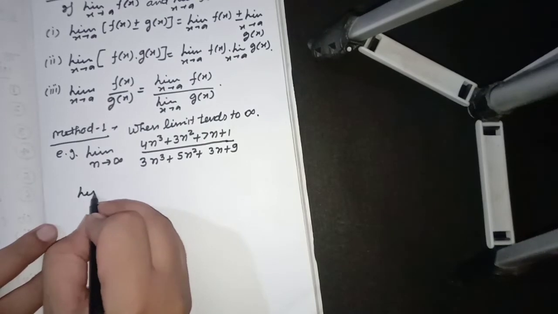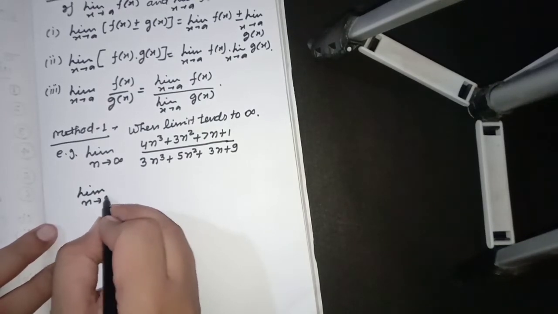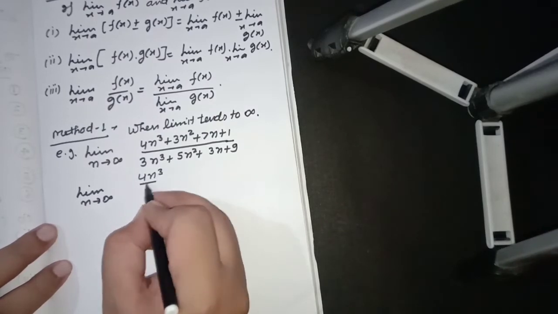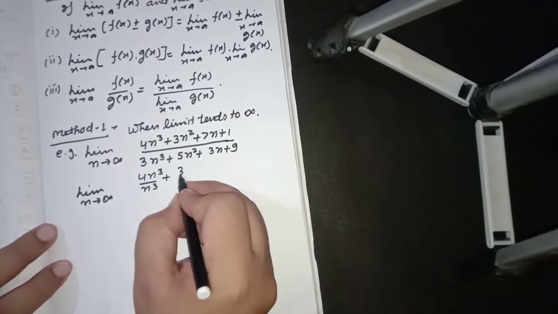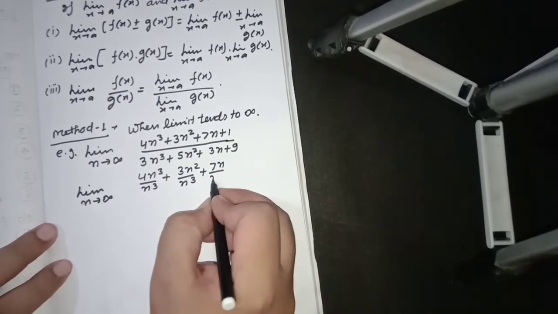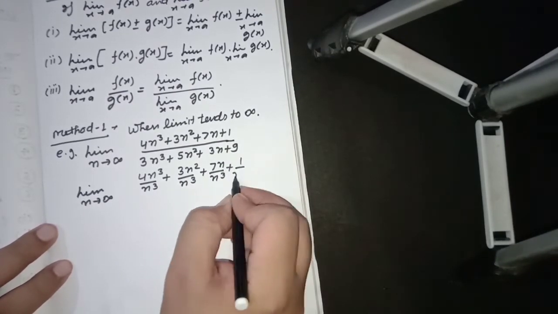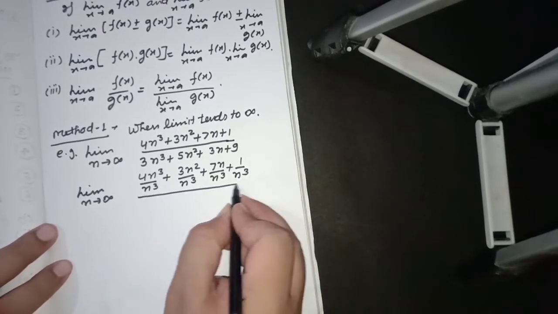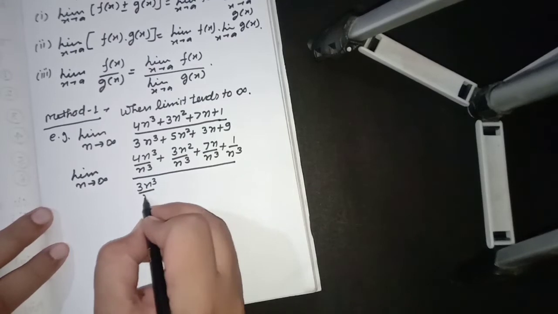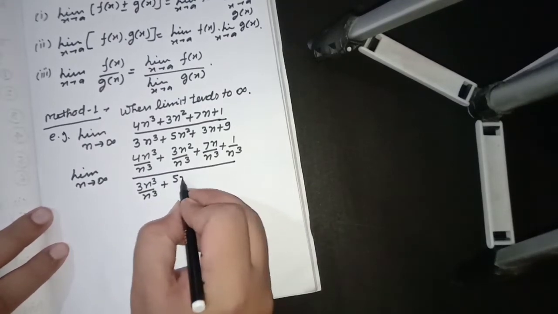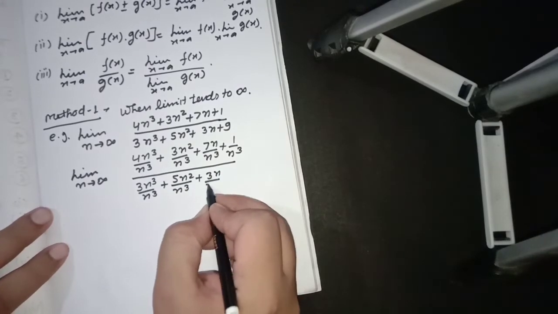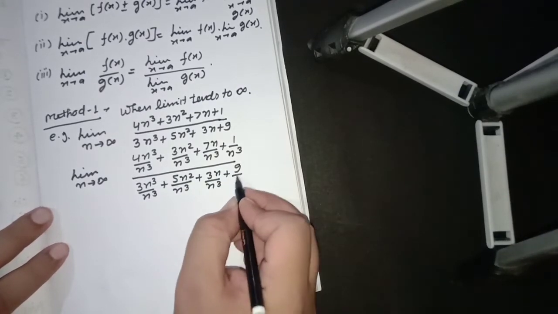So that will be equal to the limit n tends to infinity 4n cube upon n cube plus 3n square upon n cube plus 7n upon n cube plus 1 upon n cube. Similarly, it will become 3n cube upon n cube, 5n square upon n cube plus 3n upon n cube plus 9 upon n cube.